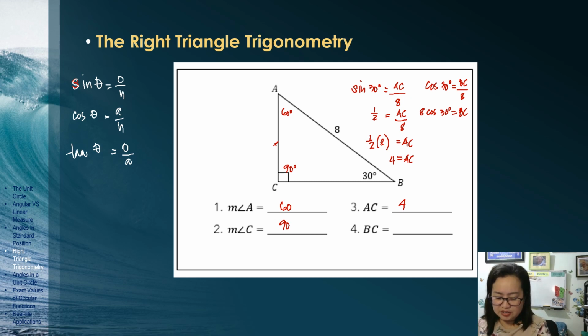So 8 times cosine 30 is approximately equal to 6.93. So therefore, BC is 6.93 units. Okay, we were able now to find the missing values of the parts of the triangle.